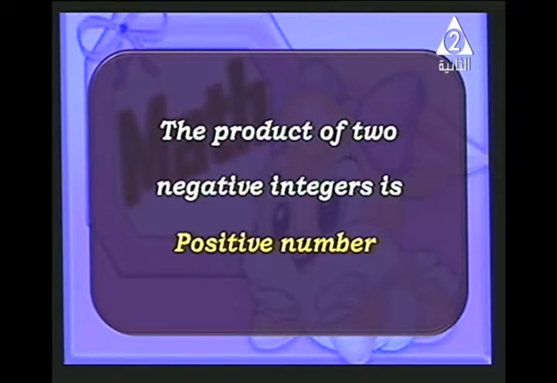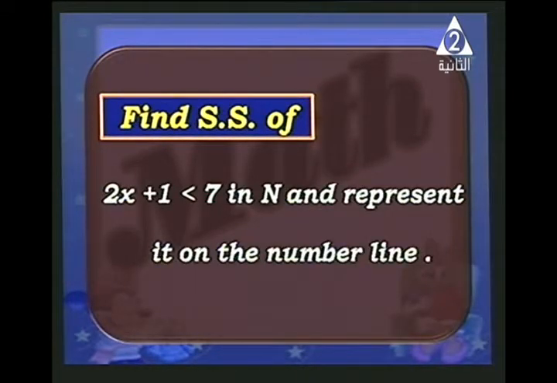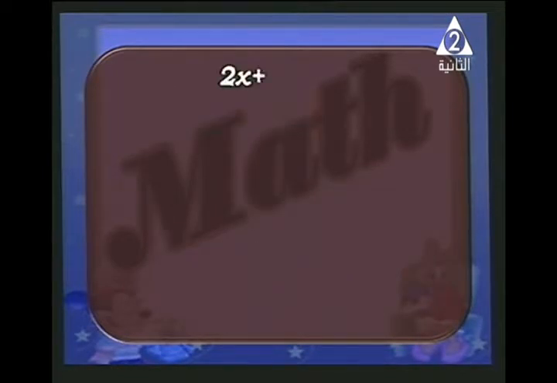Another example. Find solution set of 2x plus 1 smaller than 7 in n and represent it on the number line. Then 2x plus 1 is smaller than 7. You are going to find the value of 2x. So 2x is smaller than 7 minus 1.